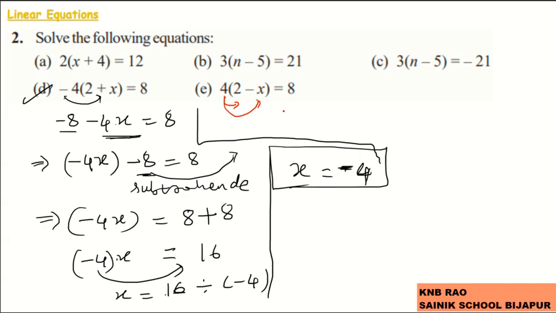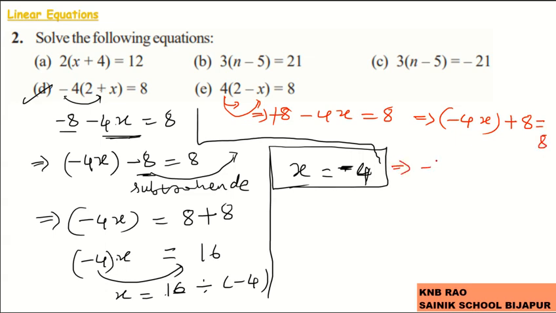So it results in 8 minus 4x equals 8, and this can be rearranged as minus 4x, and where nothing is written, it is nothing but plus. So along with that sign of the number we have written equal to 8.